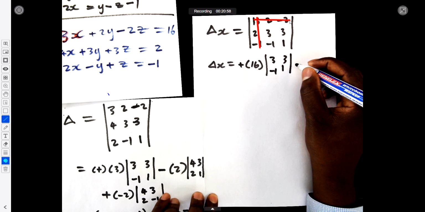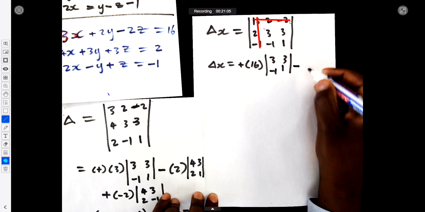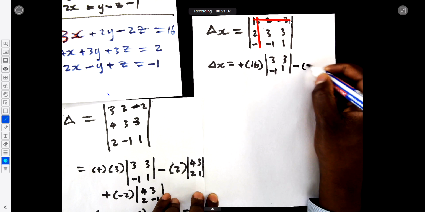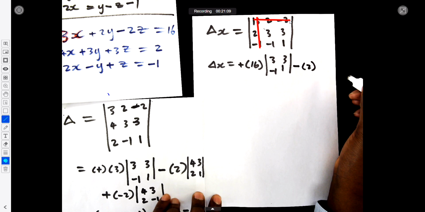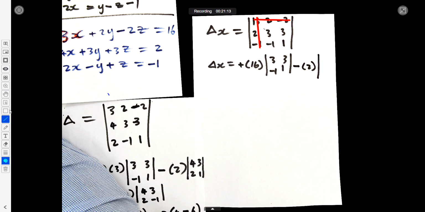The second, from first row, second column, the output is negative. We're using element 2 now. It's going to be negative. Multiply by element 2 and its minor. So we are going to do the elimination. We're on element 2 now.